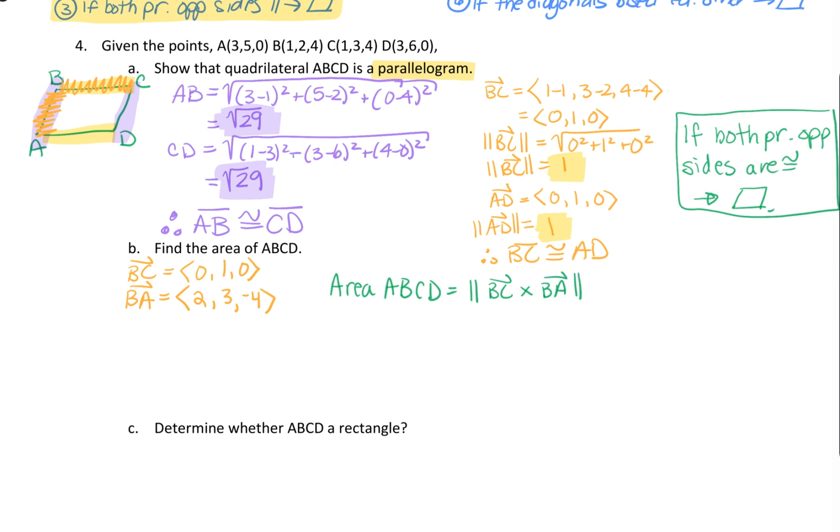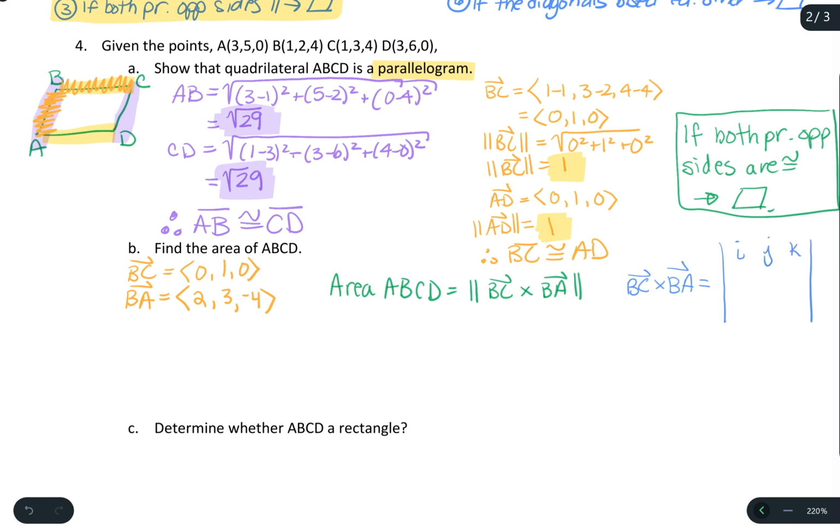And so now let's go ahead and calculate the cross product, if you want to do the cross product on the side. So BC cross BA. I'm setting it up like a determinant. My first row is the I, J, K. And then my second row is vector BC, which is 0, 1, 0. And my third row is vector BA, 2, 3, negative 4. So go ahead and pause and calculate your cross product.